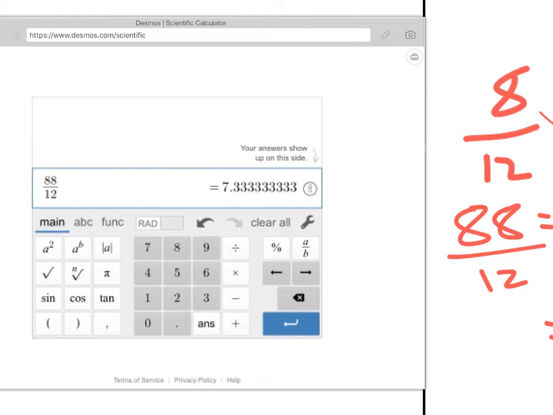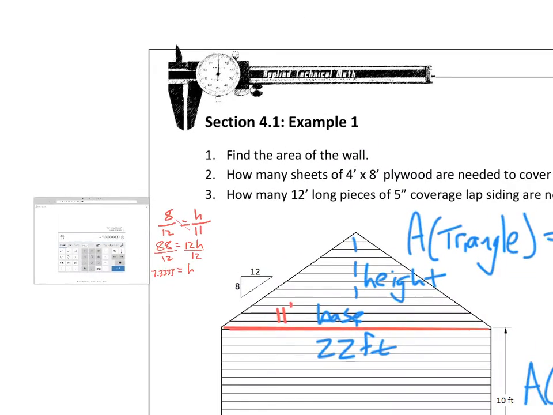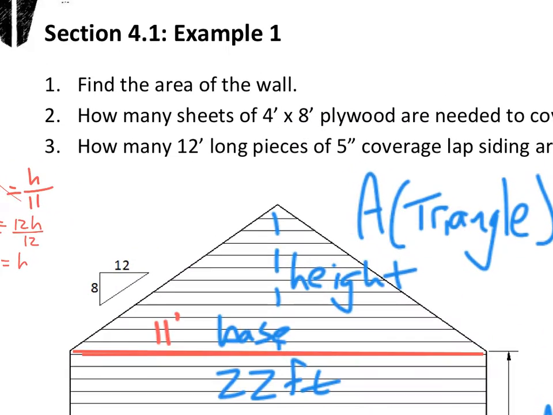Scientific calculator gives us 7.333 feet, okay? We can leave this in feet for right now. That's fine. 7.333. We'll keep several of those. All right, so we don't need it in feet and inches right now. So this height is 7.33 feet. Okay, that's h. Great.